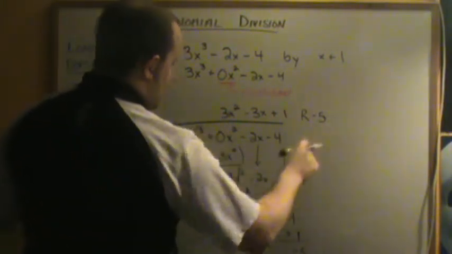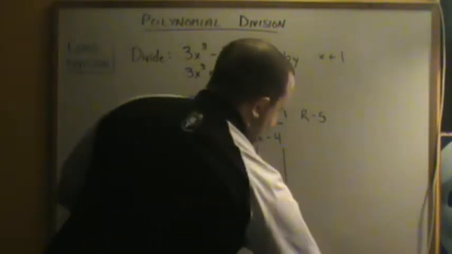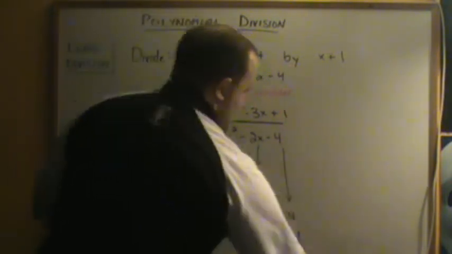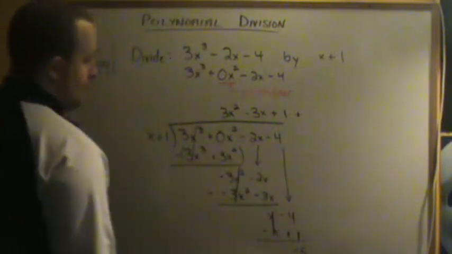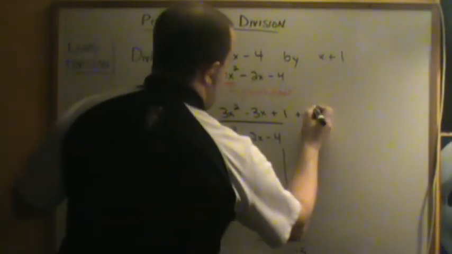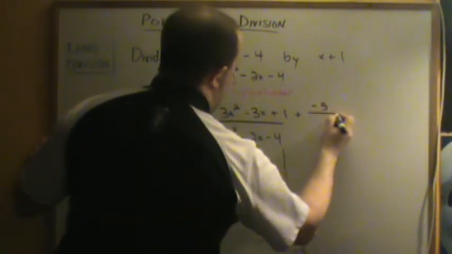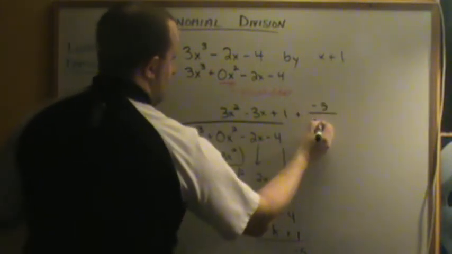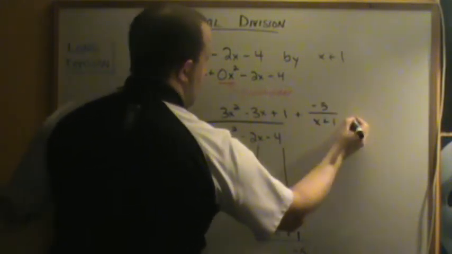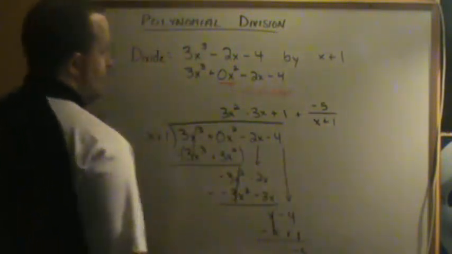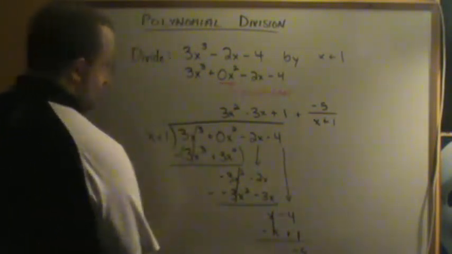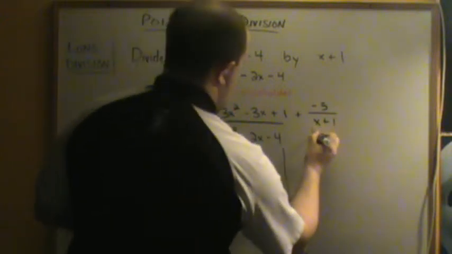And the way we write these remainders is as such. Instead of putting r with the negative 5 there for the remainder, we're going to add the remainder, which is negative 5, over the divisor, x plus 1. That's our remainder term. Alright?